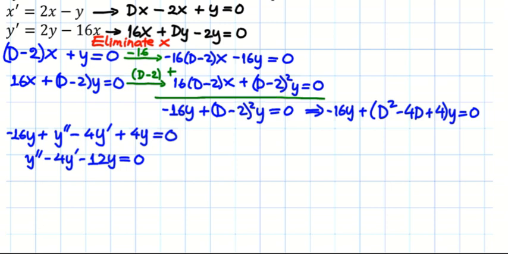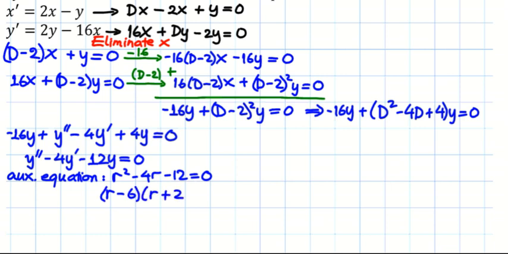That is simple enough. We have a homogeneous equation with constant coefficients, so we solve for that. Auxiliary equation: r squared minus 4r minus 12 is equal to 0. So factor: (r minus 6)(r plus 2) is 0.